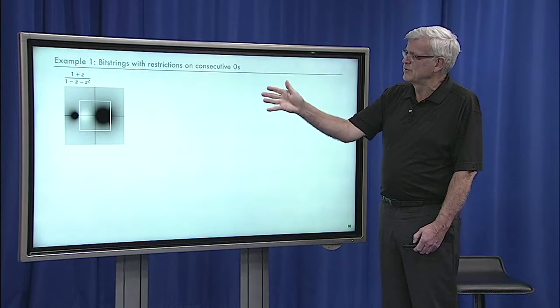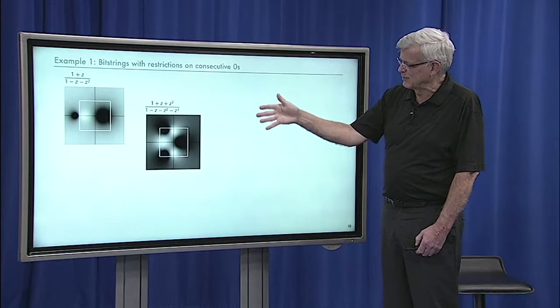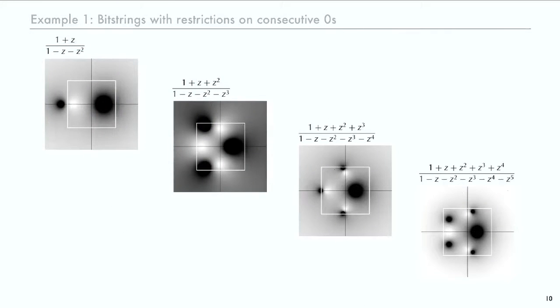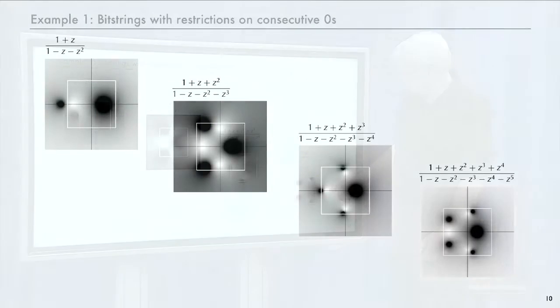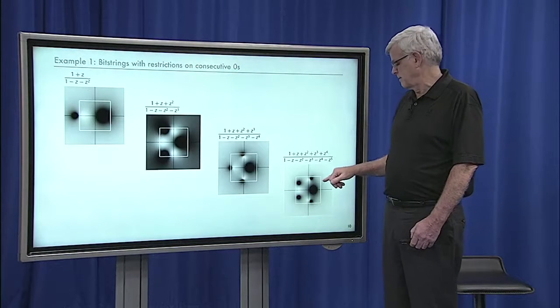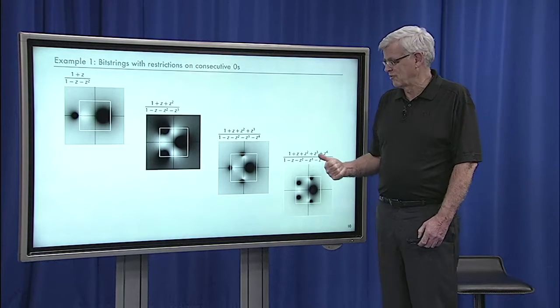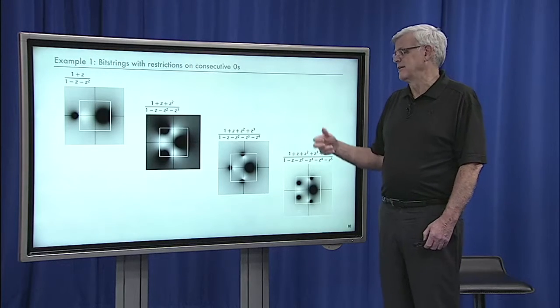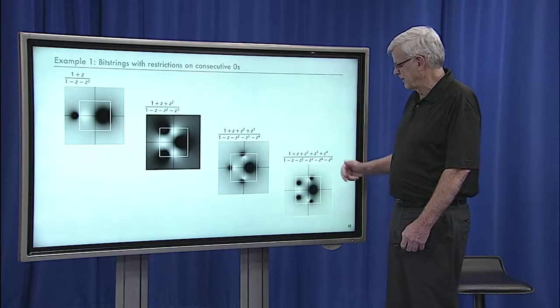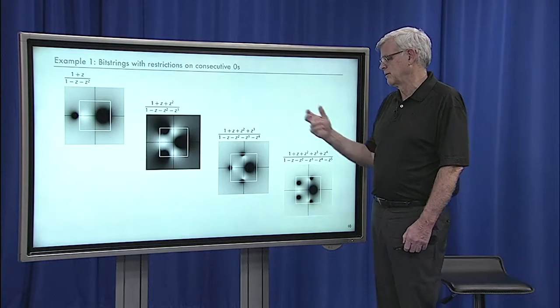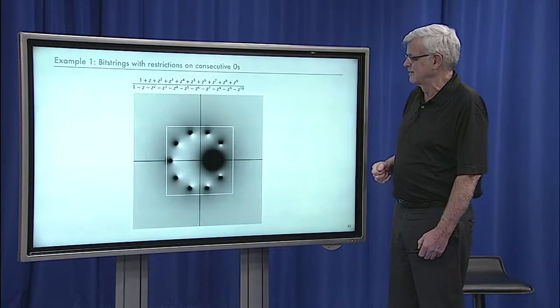So this is no 2 consecutive zeros that we saw. This is what 3 looks like. This is the one, the 4, that we just saw. Here's 5, and you can see that we always have our dominant pole, which is on the real line and closer to the origin than any of the others. Remember from Pringsheim's theorem, that's going to happen for combinatorial generating functions like this.